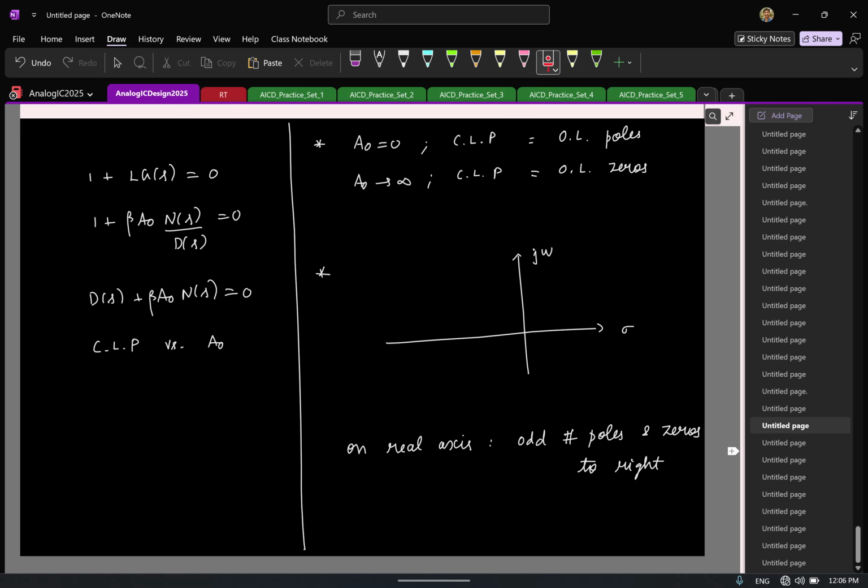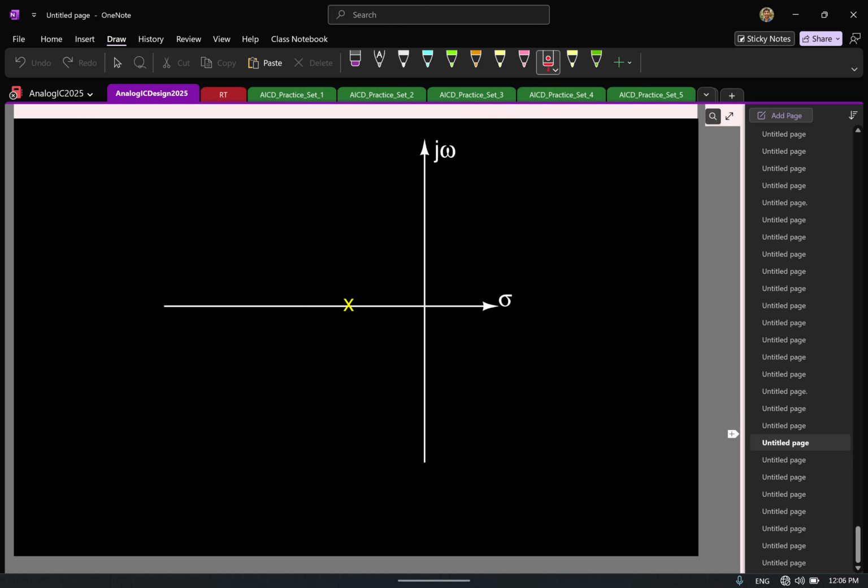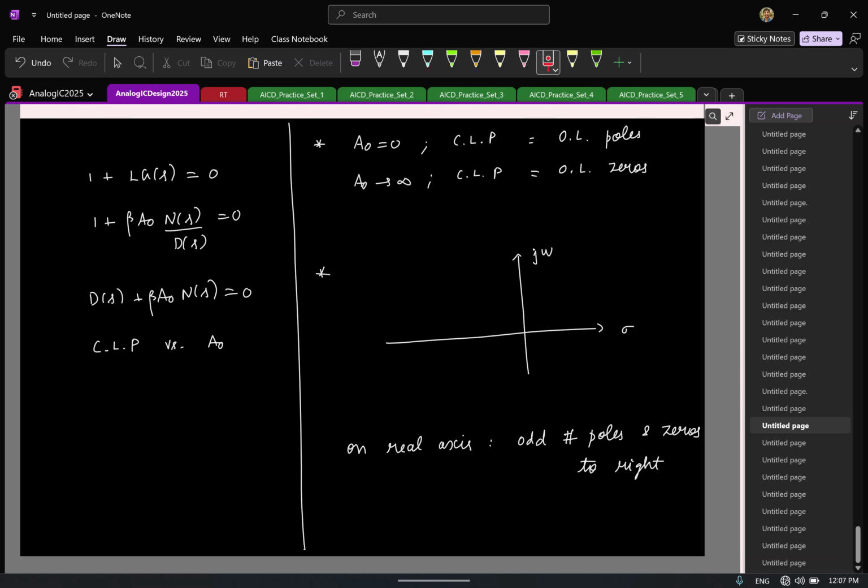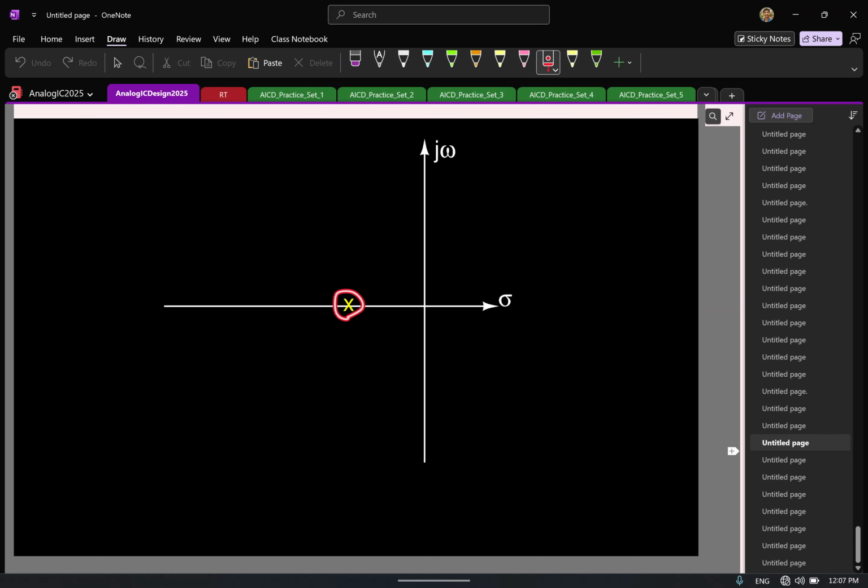So let's start with a simple case, first order system. As we know, the root locus starts from open loop poles and terminates at open loop zeros. So this is the open loop pole. Where is the zero here? Infinity. So basically it has to start from here and go to infinity. It can go to infinity on the real axis or in the complex S plane. Let's try to see what portion can lie on the real axis.